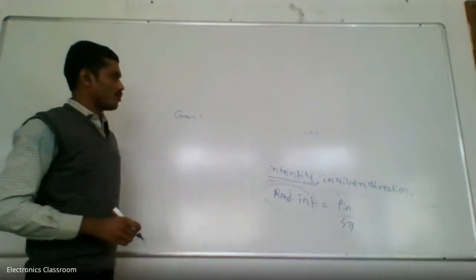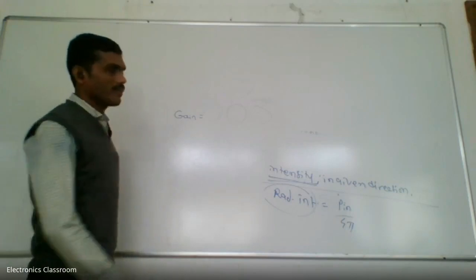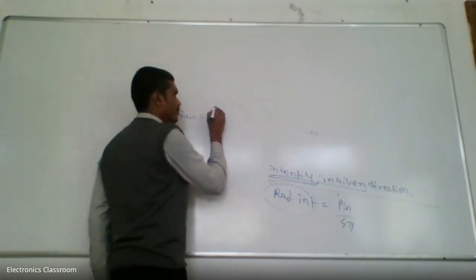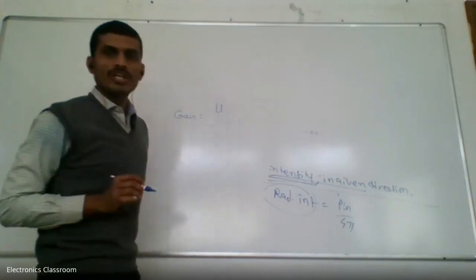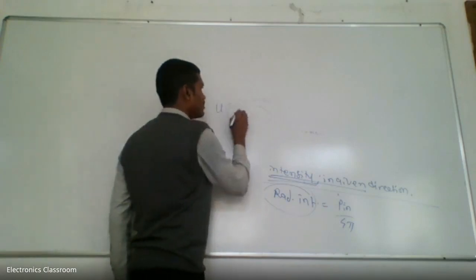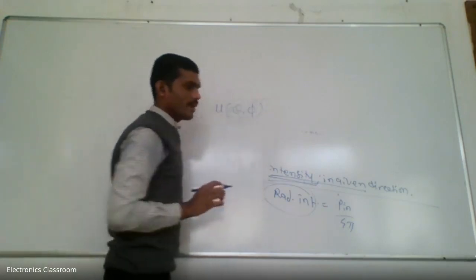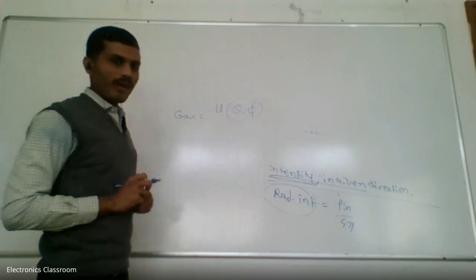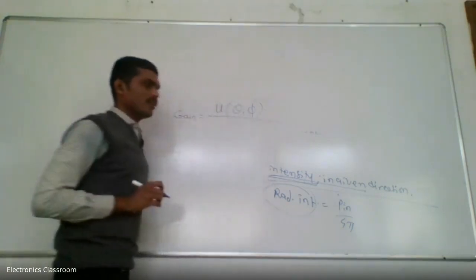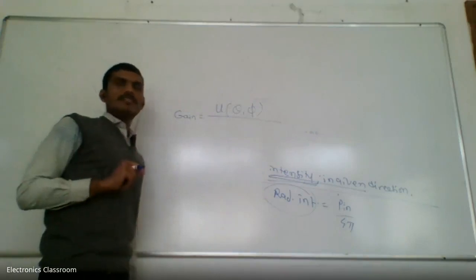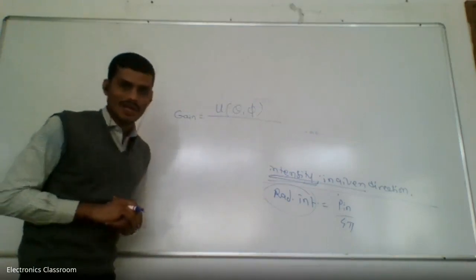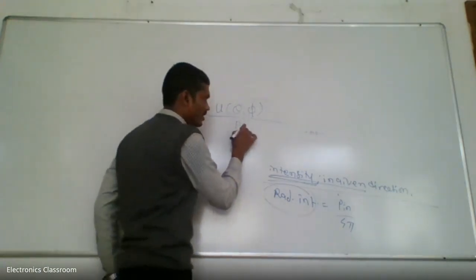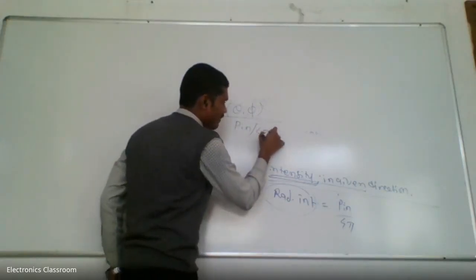Now we can write an equation for the gain by using the intensity in a given direction. That intensity is U, which can be written using theta and phi, the different components of that particular intensity, U of theta comma phi, divided by the radiation intensity corresponding to the isotropically radiated power, which is P in divided by 4 pi.